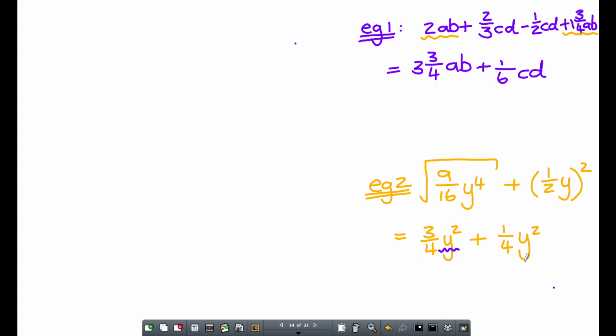Both of them have got an unknown of y to the power of 2. So they are like terms, no? So therefore, I was allowed to go and add those two. So 3/4 y to the power of 2 plus 1/4 y to the power of 2 will give me 1 y to the power of 2. Or you could just have said y to the power of 2. Okay, you don't have to write that one.